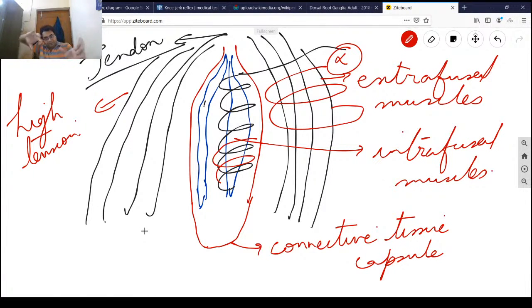The thing is, first the stretch receptors, if something fell on you or you got pulled, are present on the intrafusal muscle, means the muscles which are present inside the connective tissue. That was my main aim, why I described this to you, so that your entire reflex concept is clear.